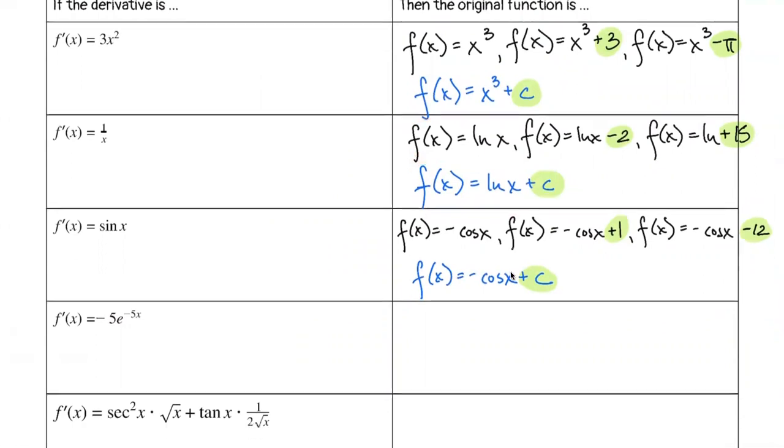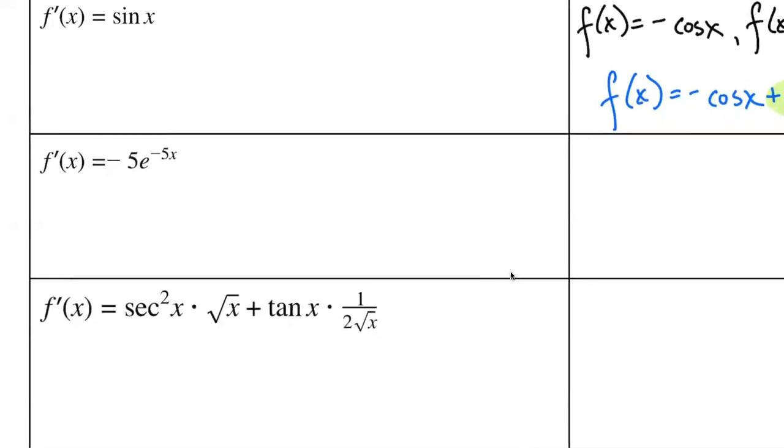All right, so let's take a look at these last two. I think these last two are a little bit trickier. We will learn how to do this one in our class. This will be something very important called U substitution. But for right now, we're just going to play around with it, see if we can figure out what original function it came from.